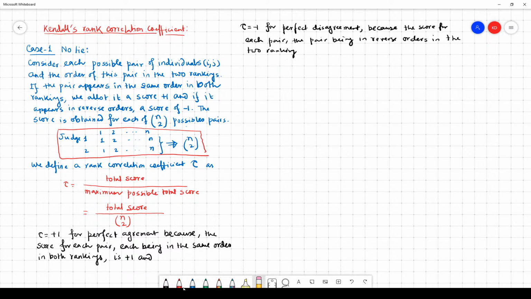Okay, so this is a computational procedure.